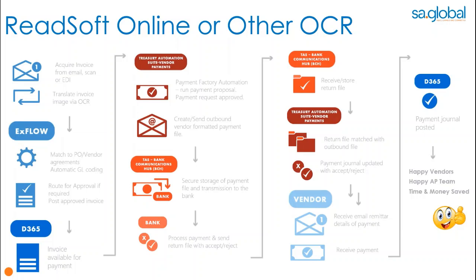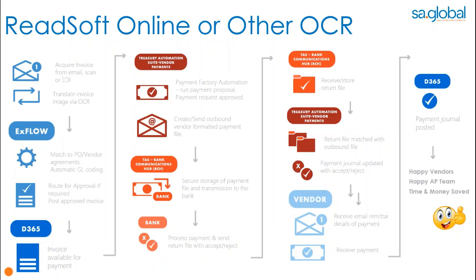Okay, so after the invoice is available for payment, now we run what is called Payment Factory Automation, which is automating those payment proposals that you have set up. Almost every single customer that we work with has a payment run that they do weekly or bi-weekly, where they're putting in that payment proposal with pretty much the same criteria week in and week out.